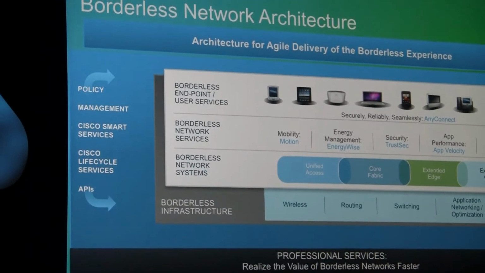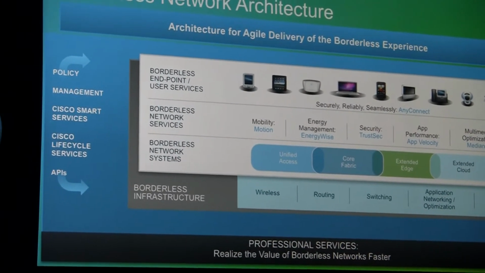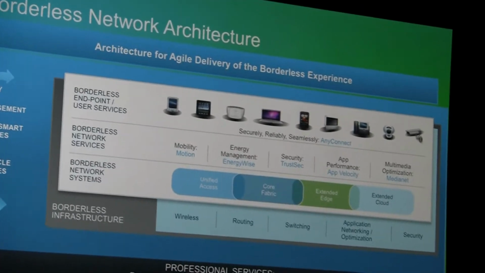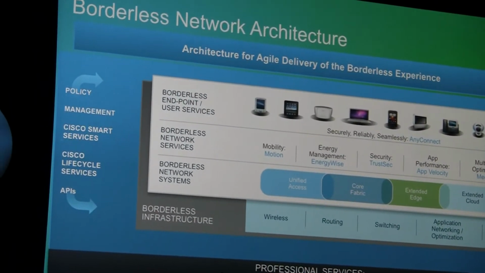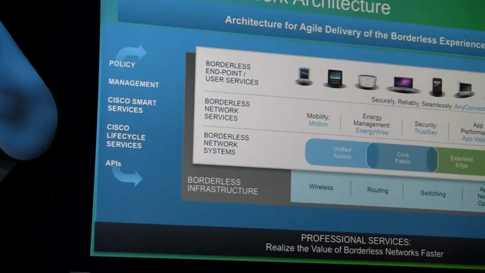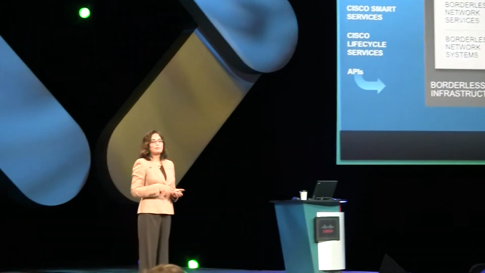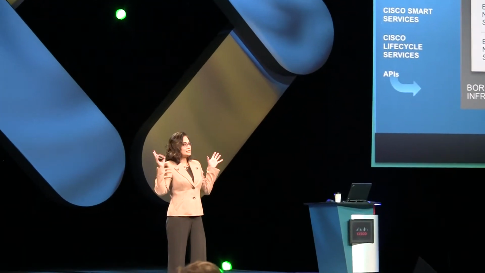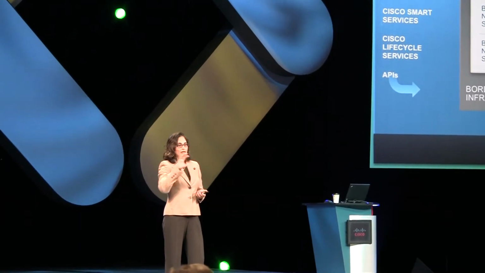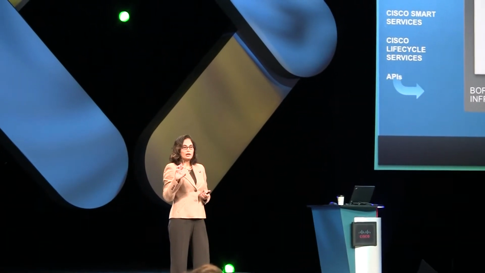We want to have the infrastructure that knows how to deal with those applications and deliver them quicker, and that's what application performance does. And MediaNet is an integral part of the borderless network architecture because we believe video is going to be the killer app in the future, and we're innovating in the network to provide that capability.